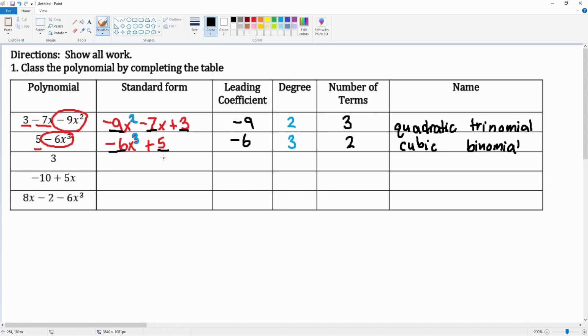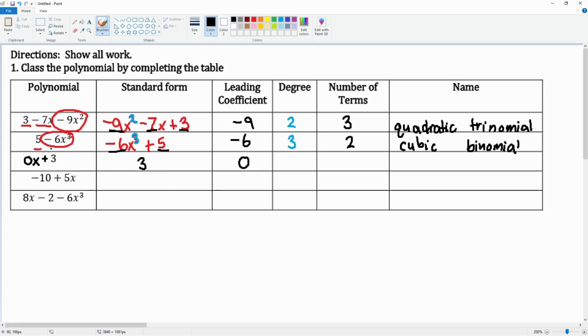Next, we just have the number 3. Any number is just that number in standard form. The leading coefficient is the number in front of the variable. Technically, there's like a variable x here, but you don't see it because it's attached with a 0. So technically, the leading coefficient here is 0.